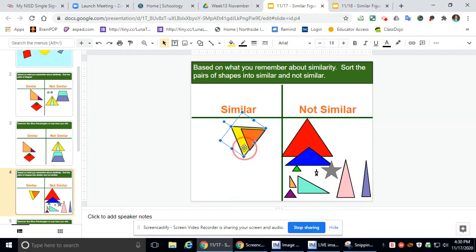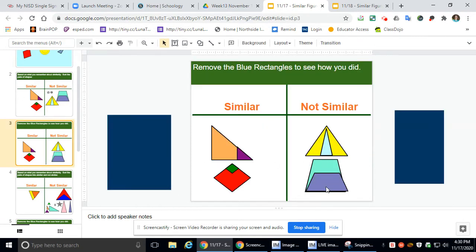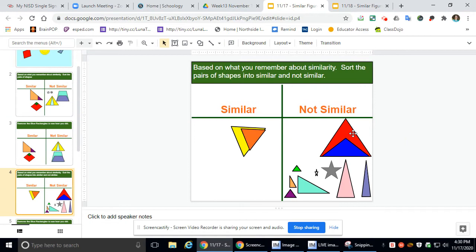All right, and then I'm going to take a look at this one. So this one and maybe this one. Still, it reminds me of this old one right here where it was too skinny or too short. I don't think that those are very similar. So I'm going to take that out and leave that in the not similar category.